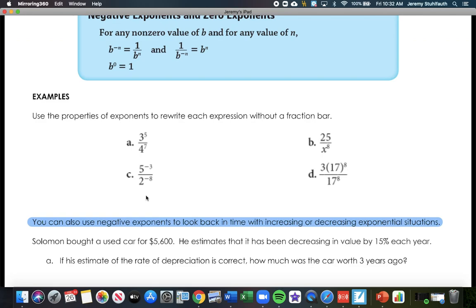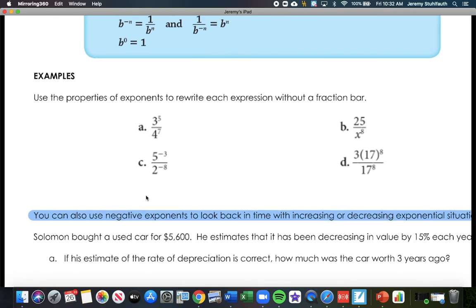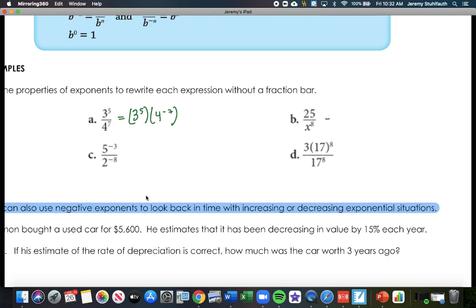So we're going to use the properties here to rewrite each expression without a fraction bar. So we have 3 to the 5th divided by 4 to the 7th. To rewrite this without a fraction bar, we take the 4 to the 7th and move it to the numerator, so we have 3 to the 5th times 4 to the negative 7th power. 25 divided by x to the 8th: we want to get rid of the fraction bar, so we move the x to the 8th to the numerator, so that would be 25 x to the negative 8th.